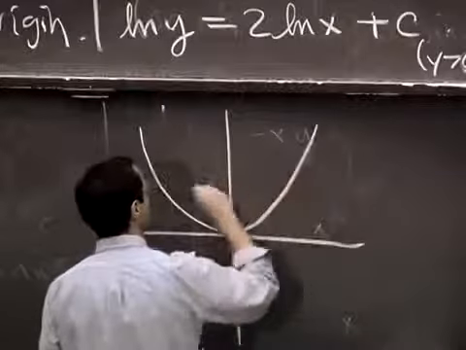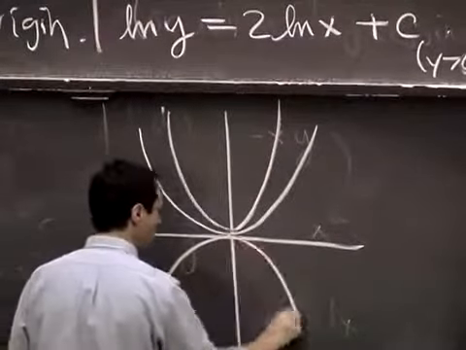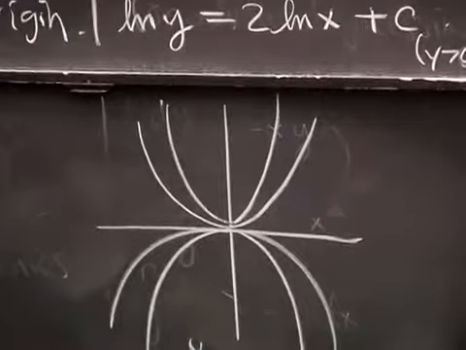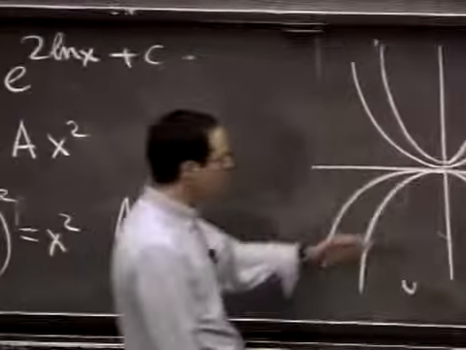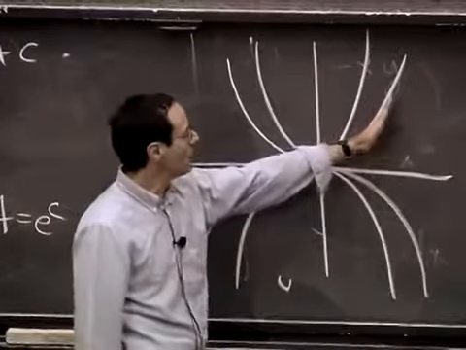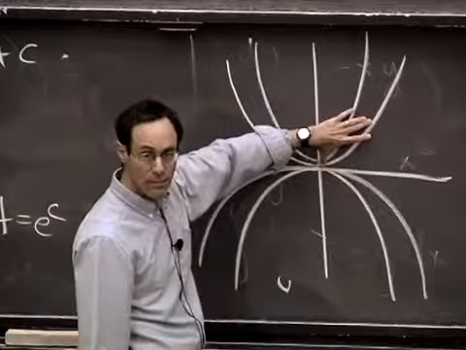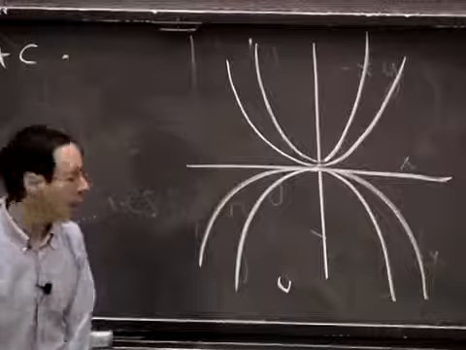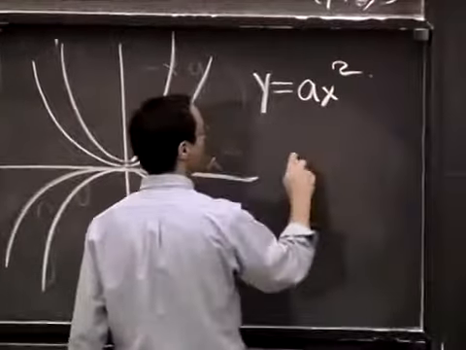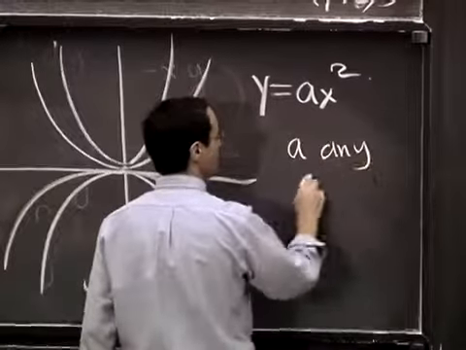So the solution is this family of functions, and they can be bending down as well as up. So these are the solutions to this equation. Every single one of these curves has the property that if you pick a point on it, the tangent line has twice the slope of the ray to the origin. And the formula, if you like, of the general solution is y equals a x squared. A is any constant.